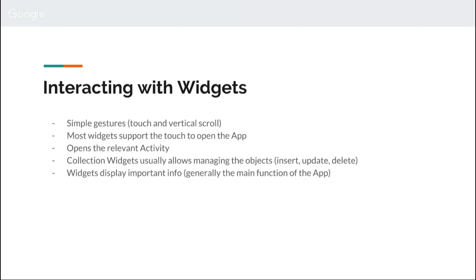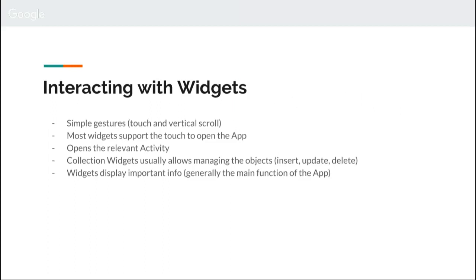Most widgets support the touch command to open the application, like how we used in the example. We set a button, we set that the same way, and we create an intent to open an activity.